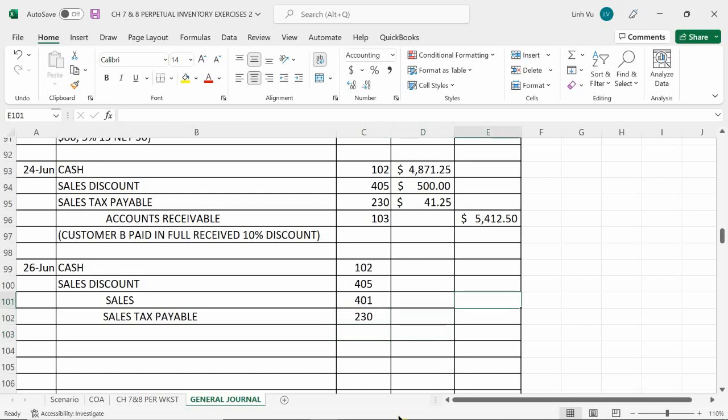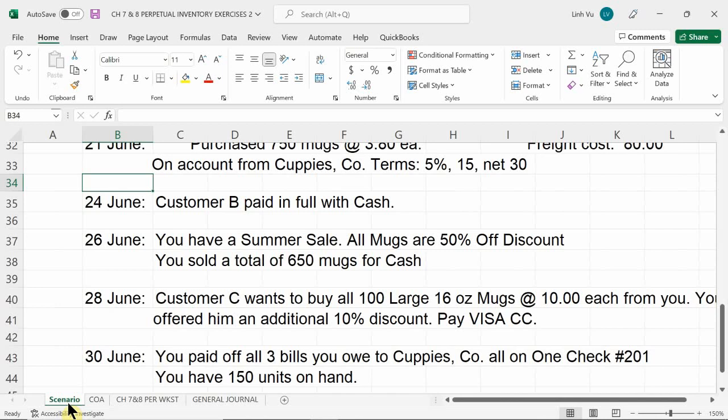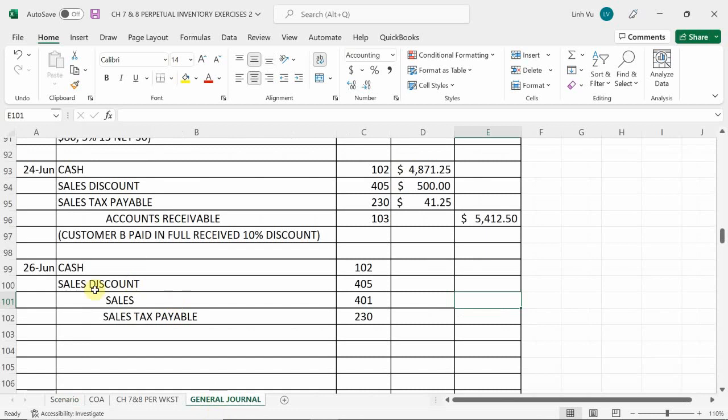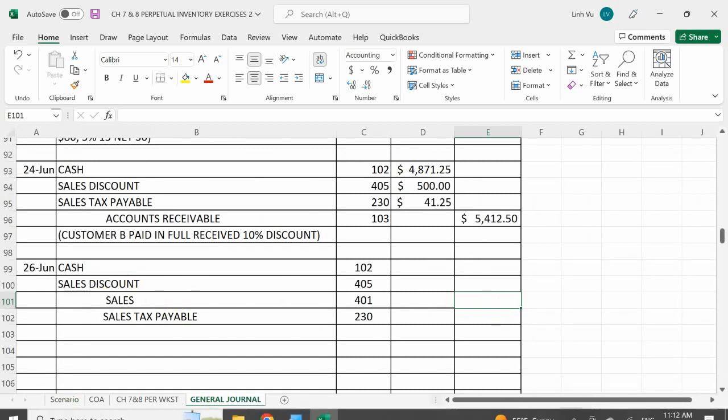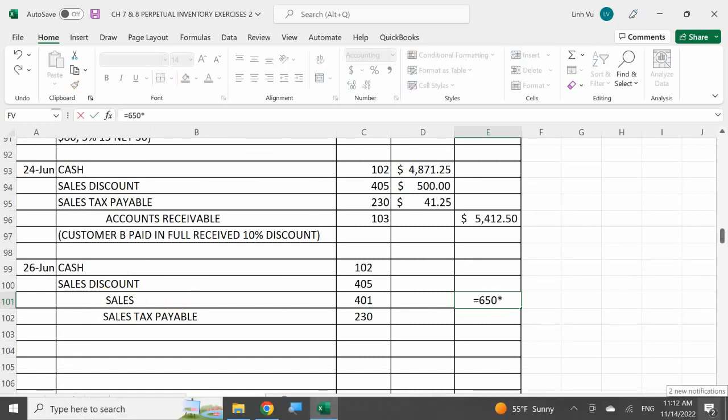So in this case, I sold a total of 650 mugs at $10 each. So I'm going to figure out what that is. 650 units at $10 each will give you 6,500.